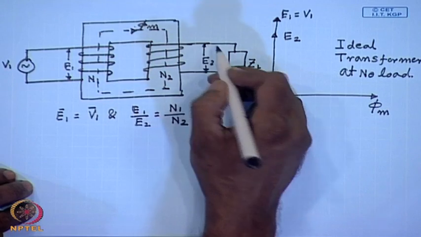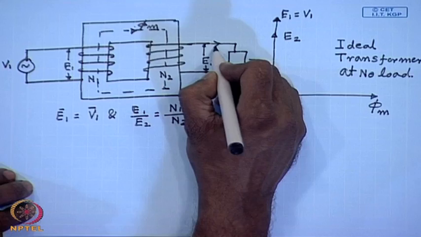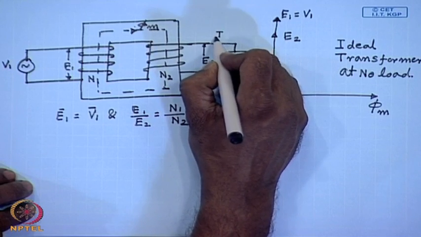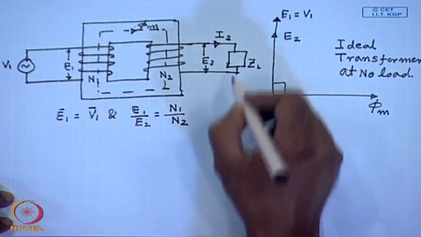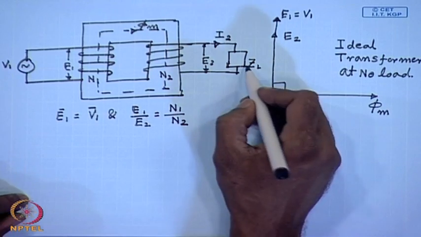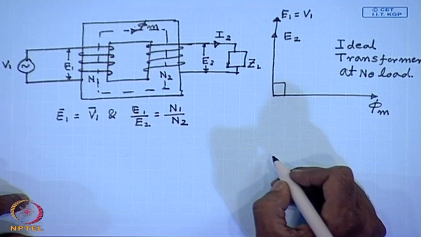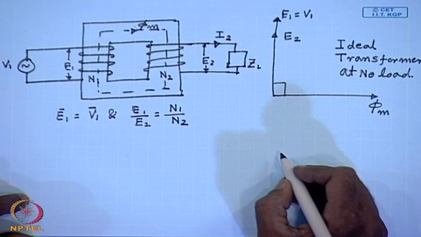Obviously, since there is an induced voltage here, current I2 will flow, which will be determined by the magnitude and phase angle of the impedance ZL.